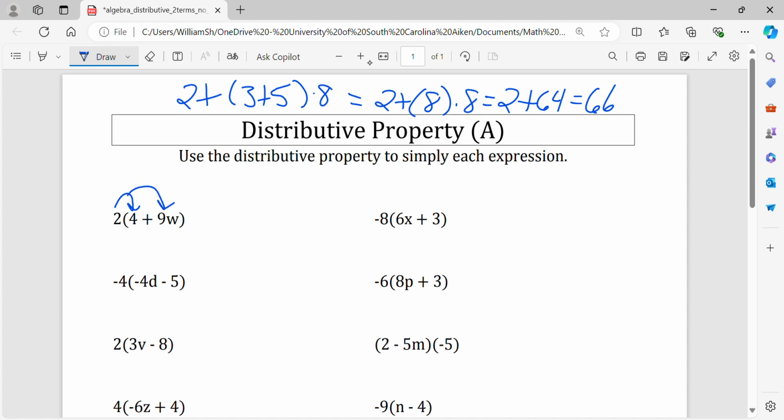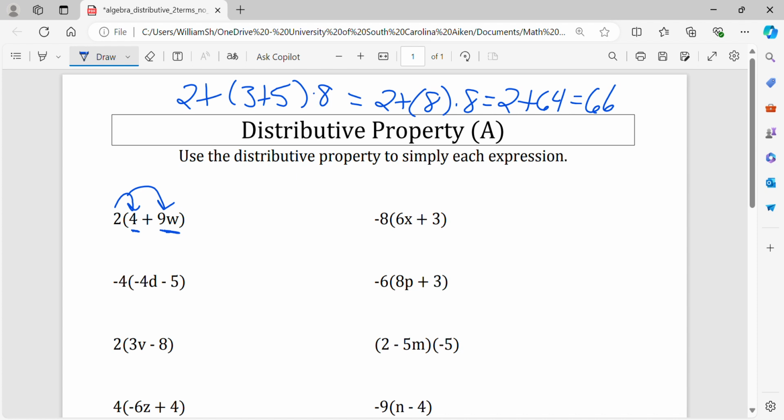Now we need to define what a term is, because this is where it confuses some students. A term is an individual piece that is added or subtracted. So here we have 2 times (4 plus 9w). When we distribute this 2 to the terms inside these parentheses, the 4 is a term and the 9w is a term.